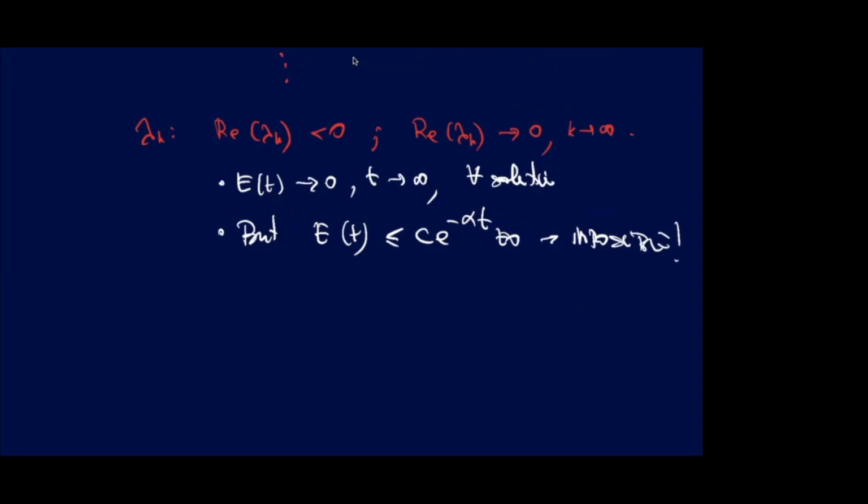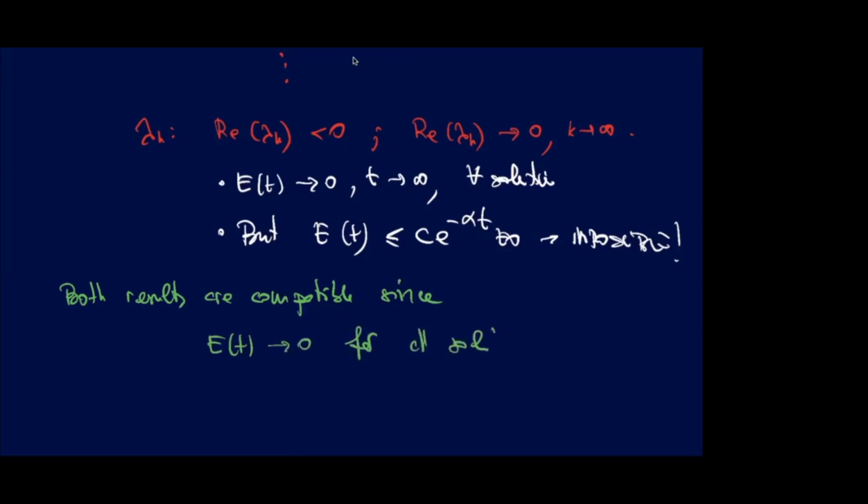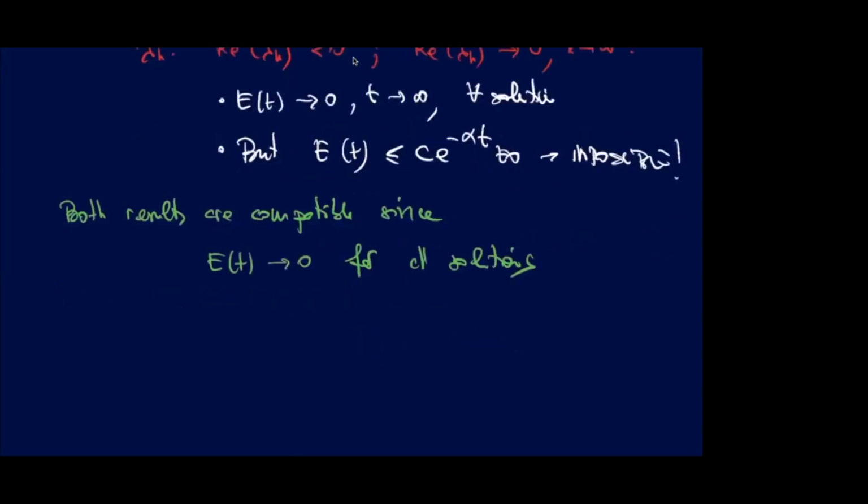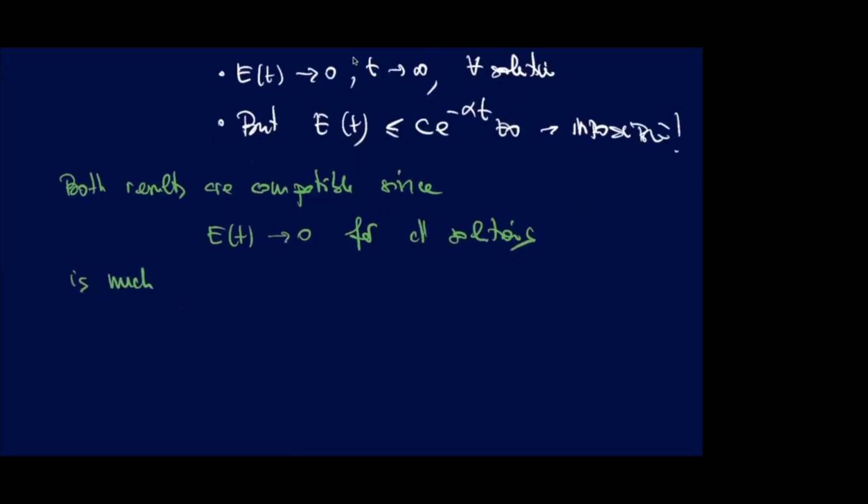The reason for this: both results are compatible since the fact that E(t) goes to 0 for all solutions is much weaker than the norm of the semigroup as a linear operator from X to X, phi t, going to 0, right?